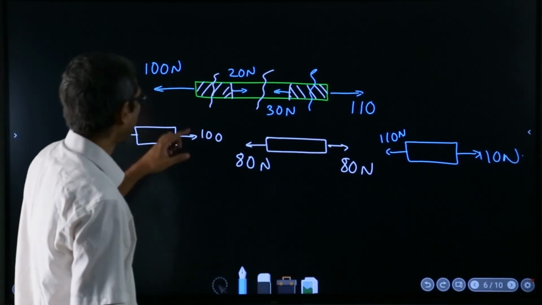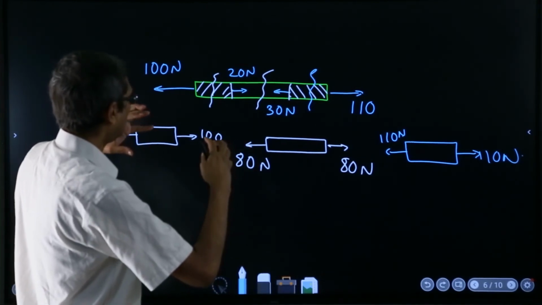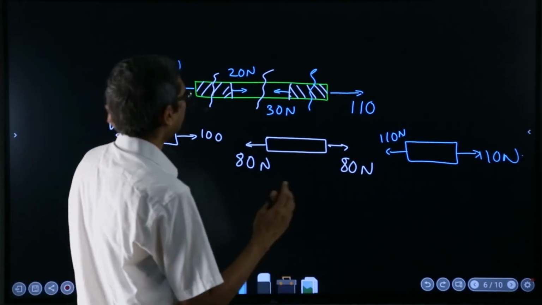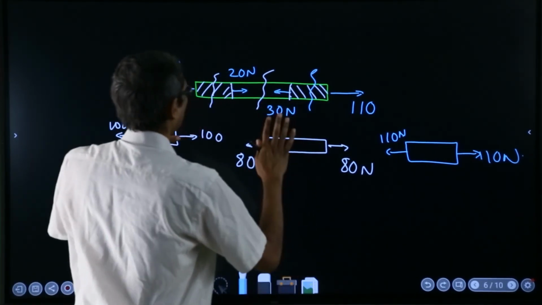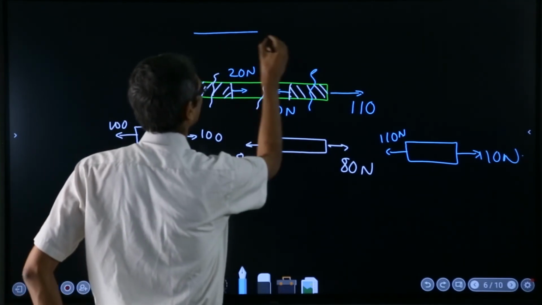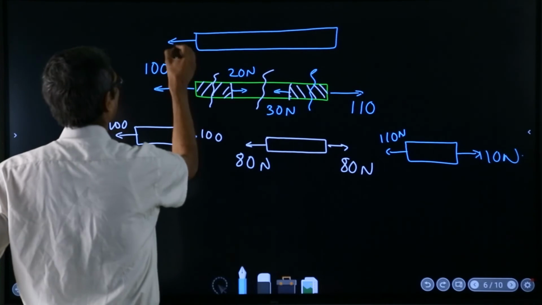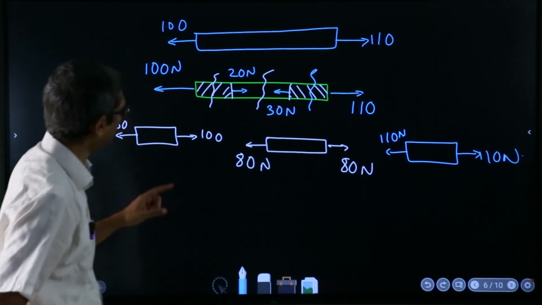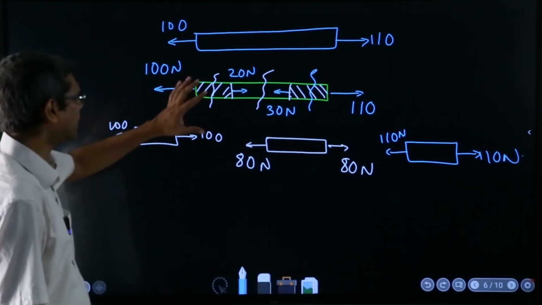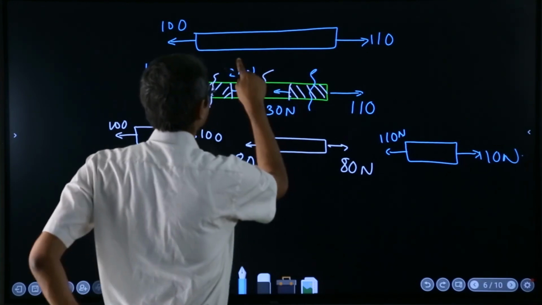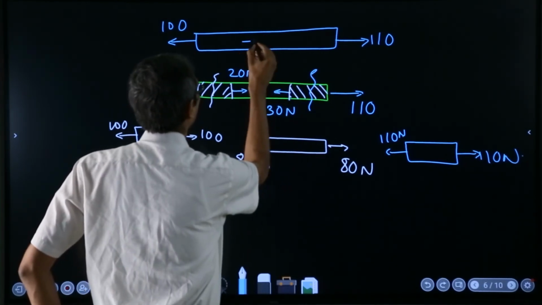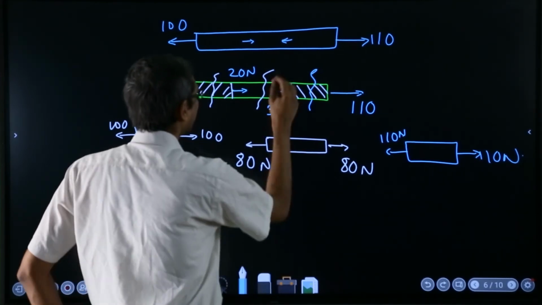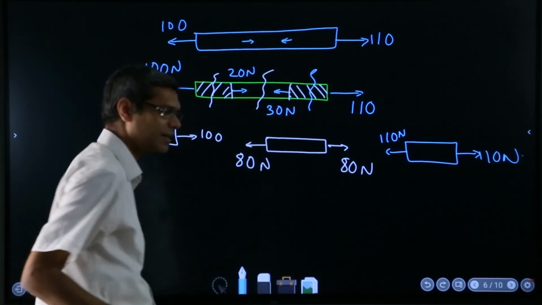Why? Think about it as a whole body, okay? Suppose you start with this problem like this, say 100 and 100. So this is one condition, then it will get some elongation and some stress, and then you apply say 20 and 20, and then you apply 10 and 10 in addition.